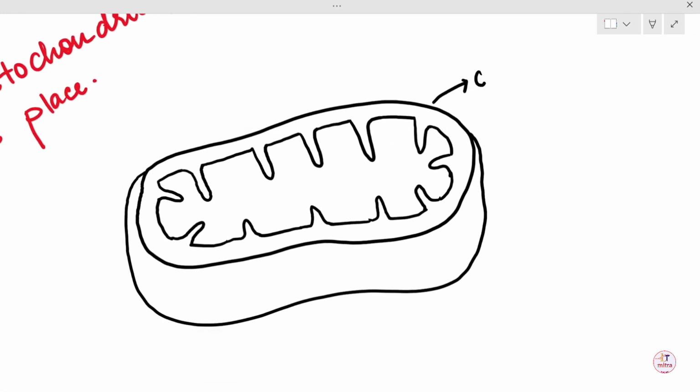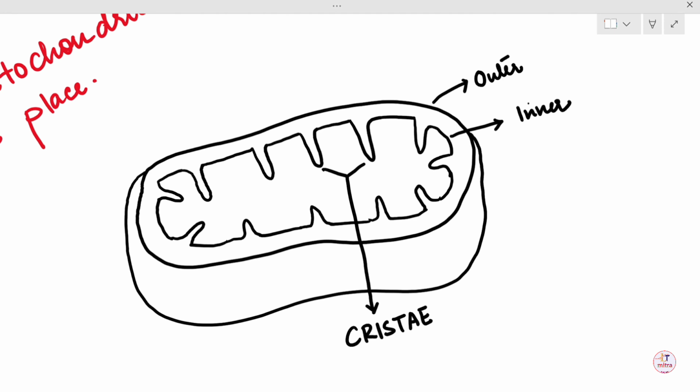So this is the outer membrane, this is the inner membrane, these are the cristae, and this is the matrix.